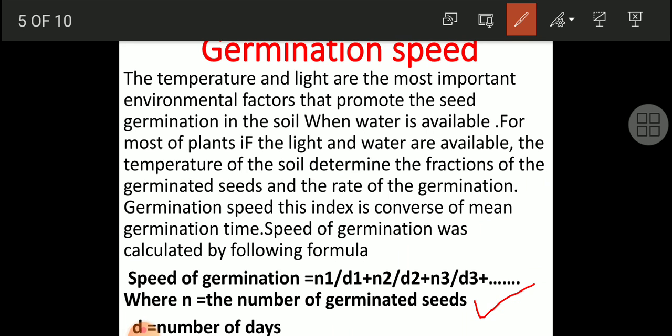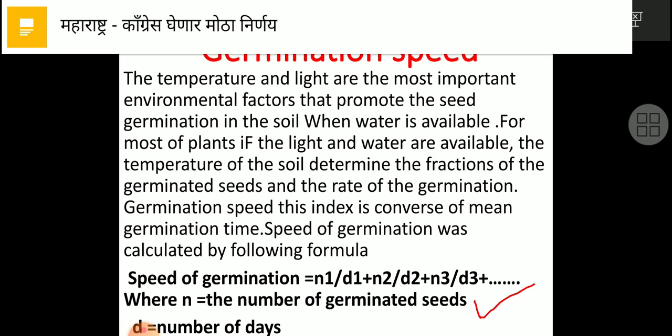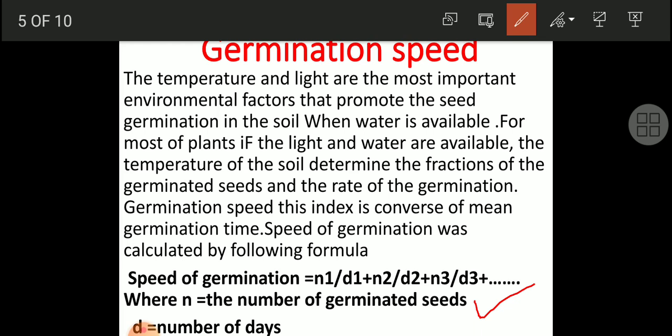N1 divided by D1 means the number of seeds germinated on the first day divided by day number 1, like that. We have to make the total, that is, however long the experiment has been carried out, you have to sum it. Like that, the speed of germination can be calculated.